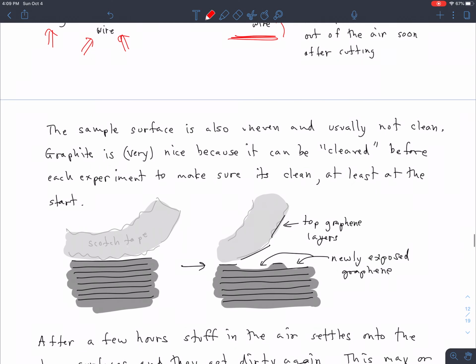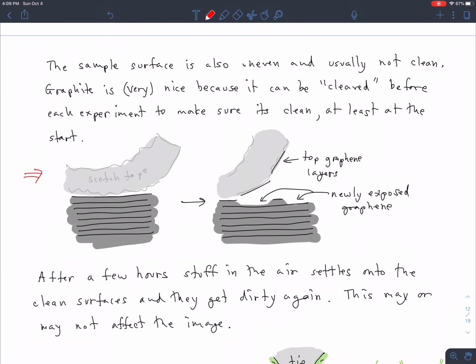All right. The other reason that graphite is so great is that because it's a layered material, you can take a piece of Scotch tape, stick it down on the graphite, pull the Scotch tape up, and it will tear off the top few layers of graphite. And that means that whatever crap was on the surface of the graphite to start with is now all torn off.